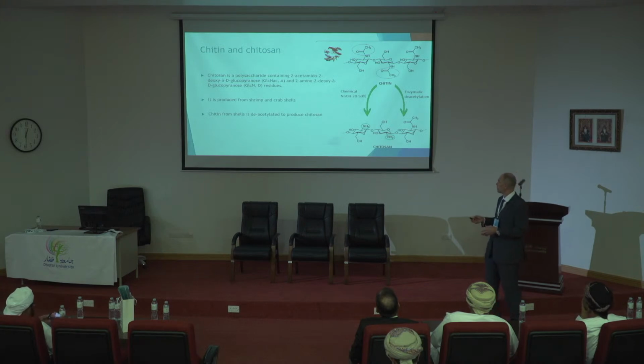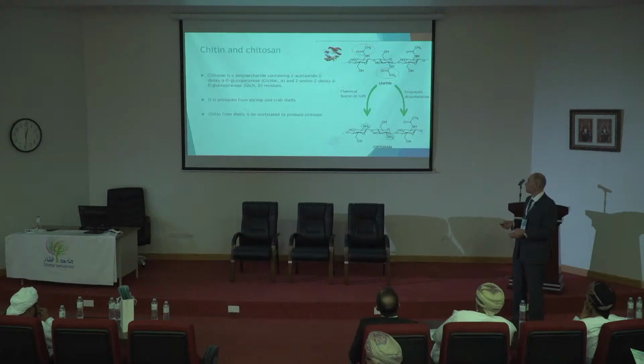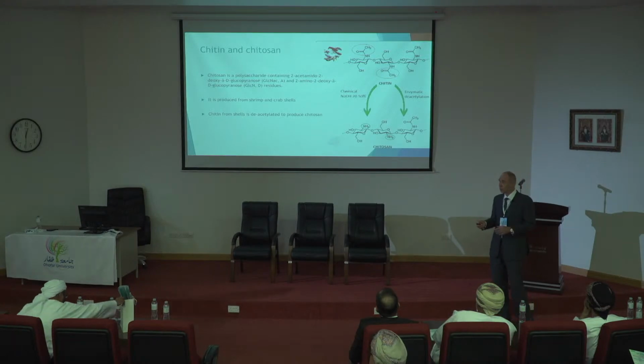Therefore, we use two components. The major component was chitosan. This is the structure of chitosan. Chitosan comes from chitin. Chitin can be found in shrimps, crabs, crustaceans, in their skeletons and shells, in some mollusks as well, and mushrooms.